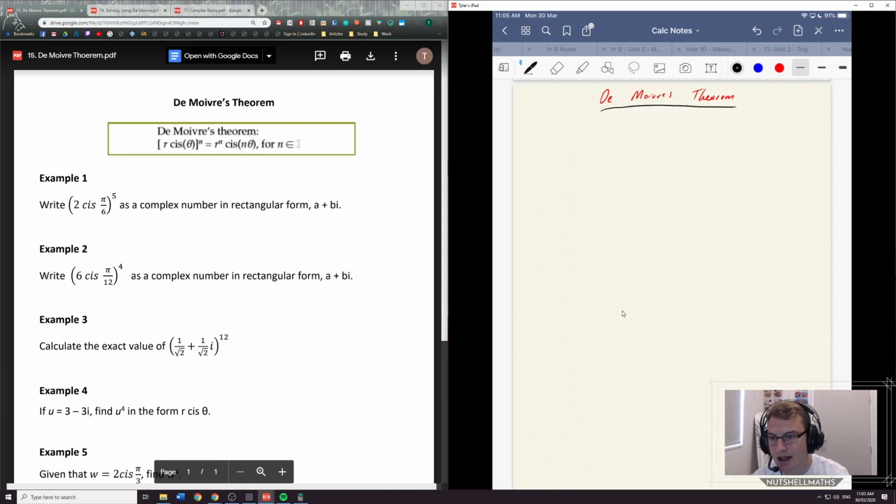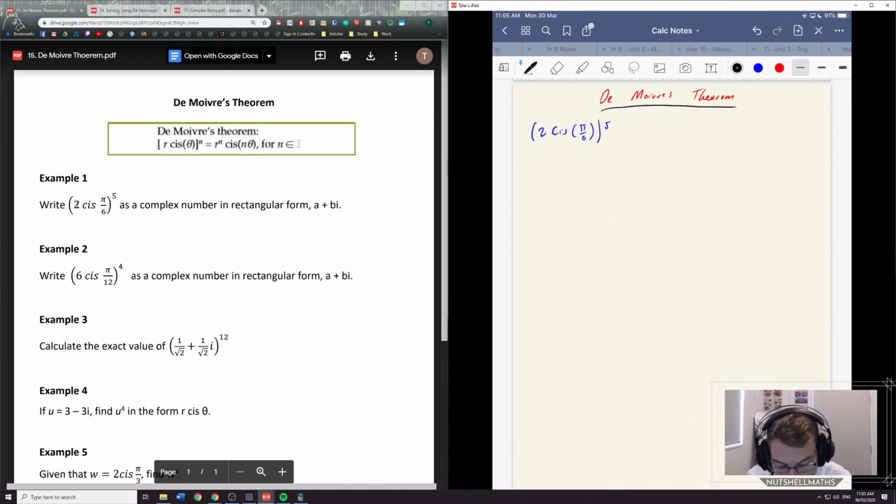The idea is that if we have a complex number in polar form, doing powers of that number is really, really easy. So if we look at this first question, 2 cis pi by 6, all to the power of 5, and we want it in rectangular form. I'll do example 1 and example 3.